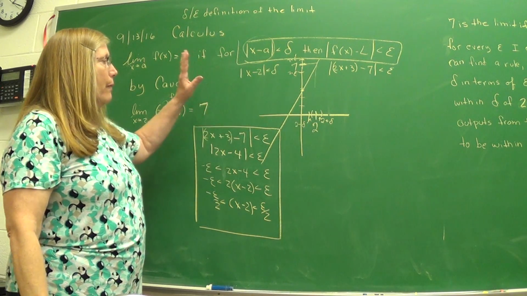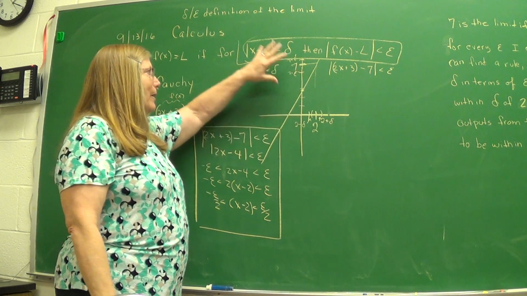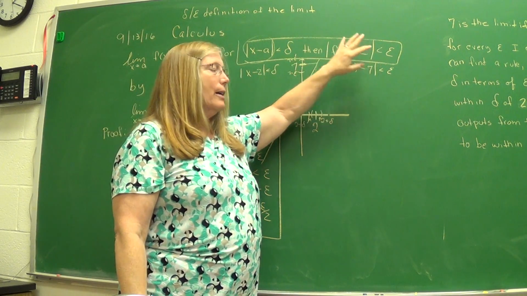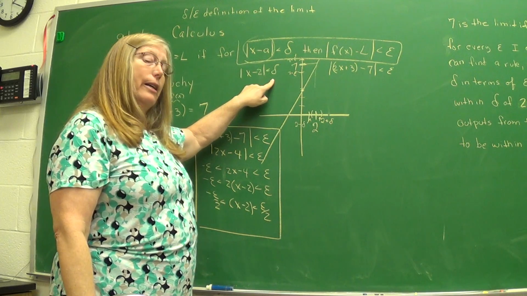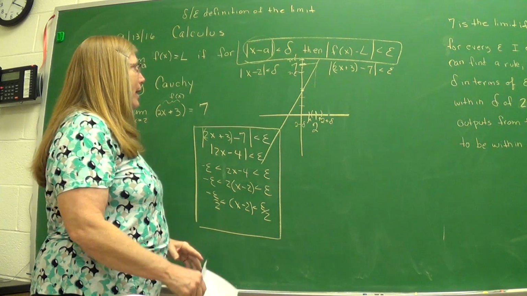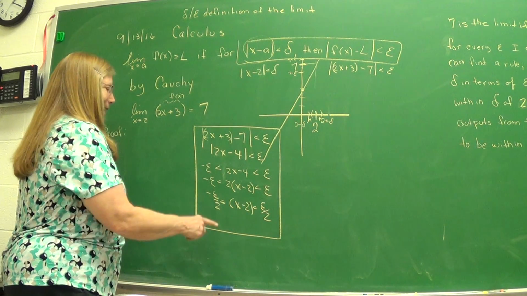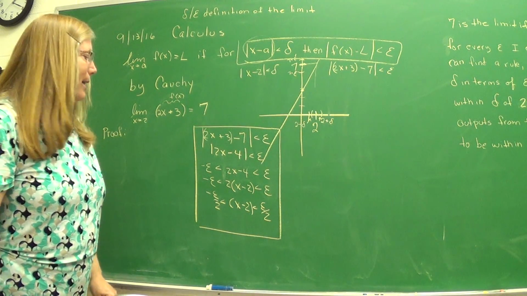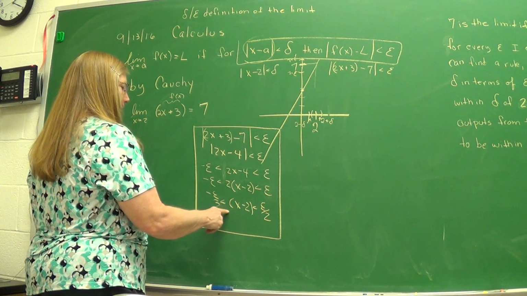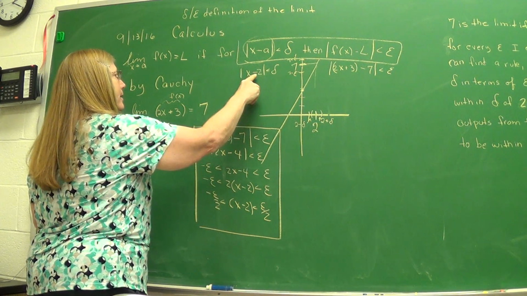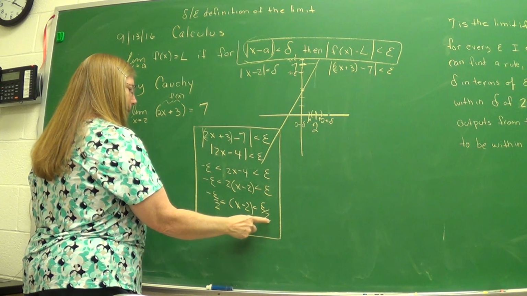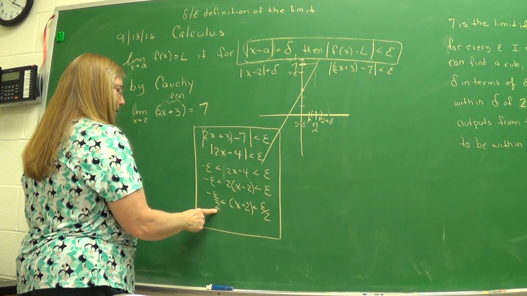So in the forward march part of the proof, I'm going to start with this and show this. But I don't know what to call delta, so I'm going to start with this and work backwards so that I can go forwards. Can you see in this box what is delta? Notice right here, this is saying x minus 2 is less than delta, and I've found that delta could be epsilon divided by 2.